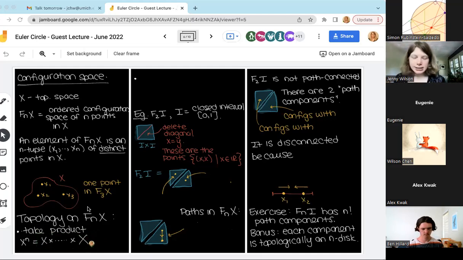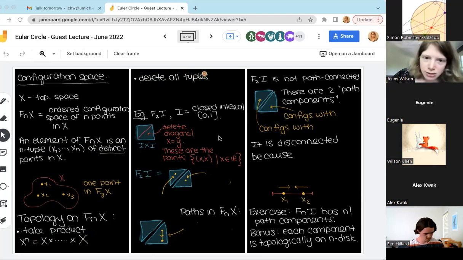And the product is the space just of all ordered n-tuples without this distinctness assumption added on. Okay, so to get from the Cartesian product to the configuration space, we need to pass to a subspace. We need to delete all tuples where any of the pairs of points coincide.